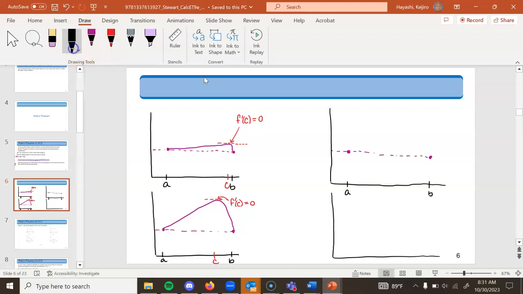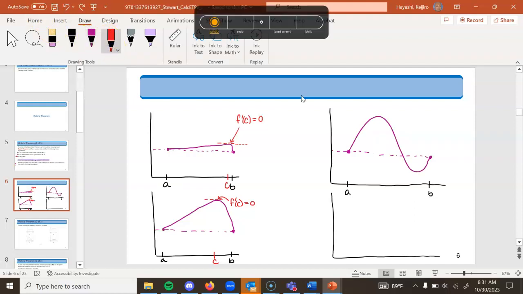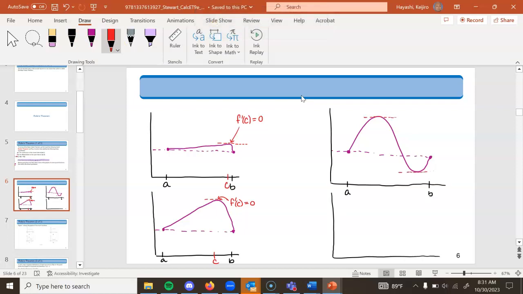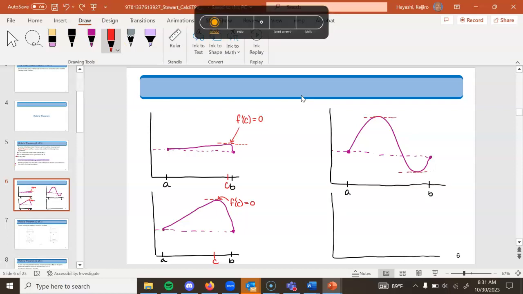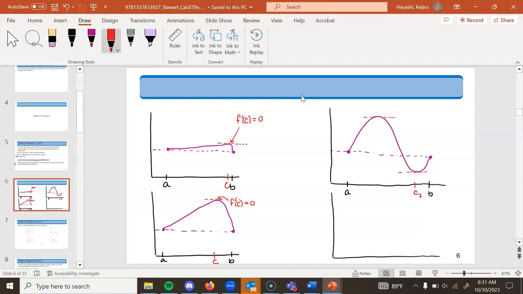So here's an example where it happens multiple times. Call this C2.